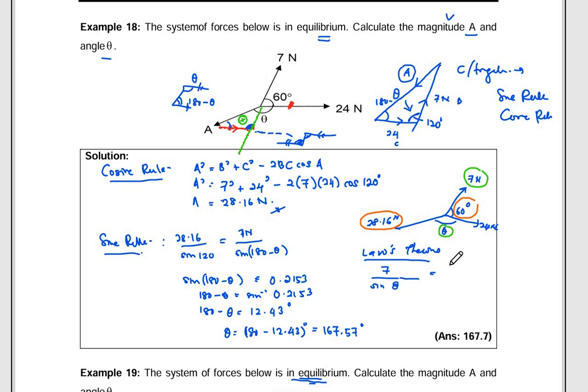You akan dapat theta ni dalam reference angle. Okay, reference angle. So, bila you kata theta ni adalah sudut dalam sukuan kedua, you just ambil sajalah 180 tolak dengan reference angle yang you dapat tadi.